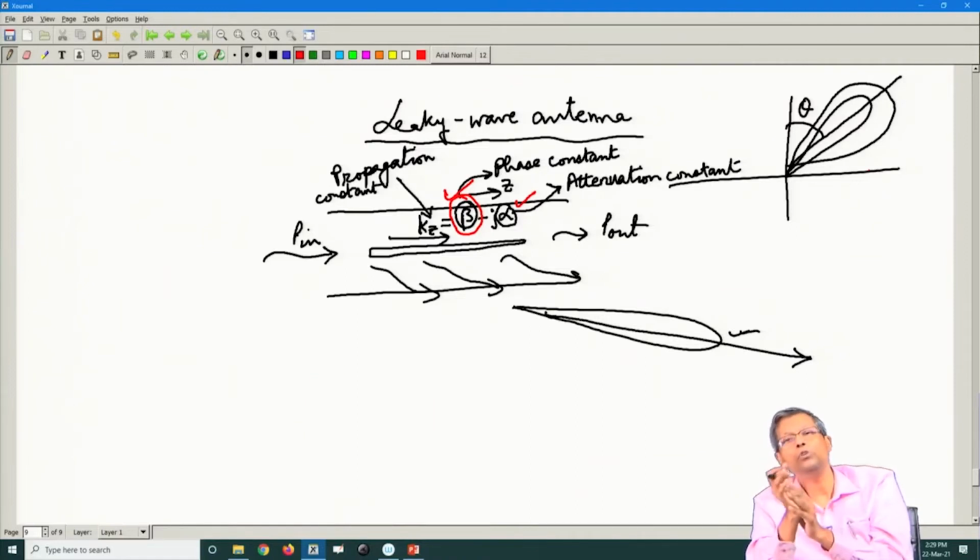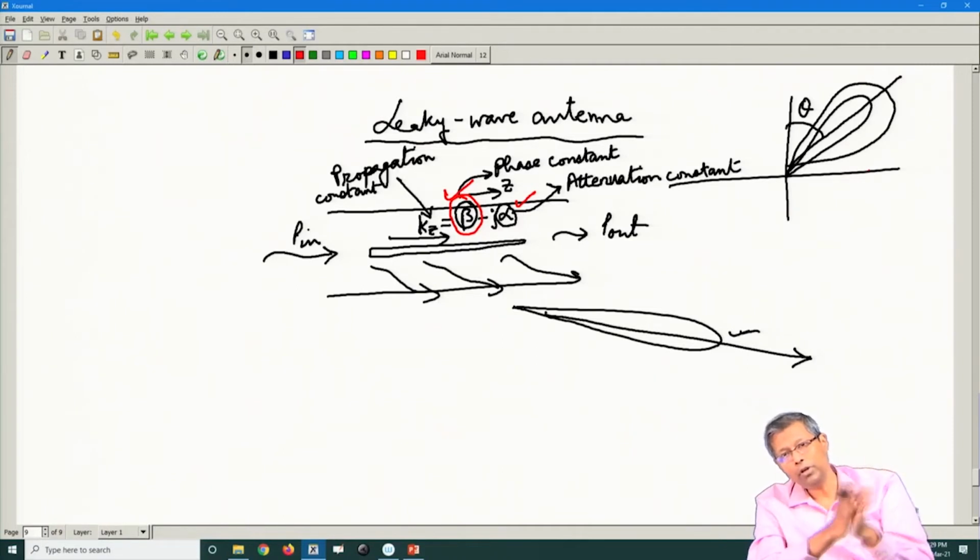So, therefore, we do not lose sight of the circuit parameters at all. Okay. So, that must be very well understood. In fact, we try to achieve a one-to-one relationship between the field quantities and the circuit quantities.